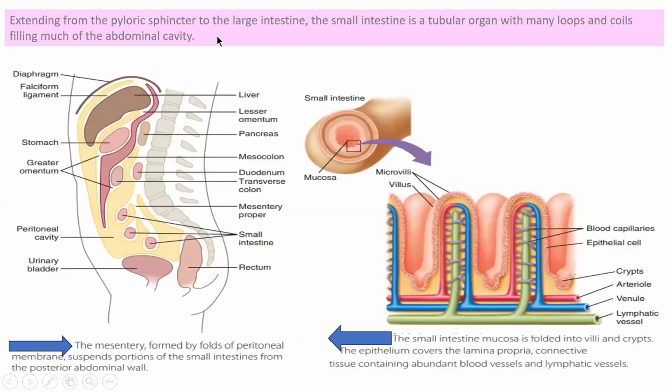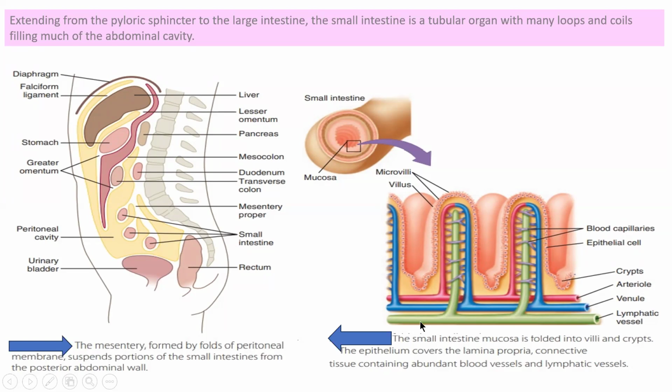Extending from the pyloric sphincter to the large intestine, the small intestine is a tubular organ with many loops and coils filling much of the abdominal cavity. Liver, lesser omentum, falciform ligament, which I explained already, stomach, greater omentum, pancreas, mesocolon, duodenum, transverse colon, large intestine, mesentery proper, small intestines, rectum, urinary bladder, peritoneal cavity, which are the folds of peritoneal membrane.